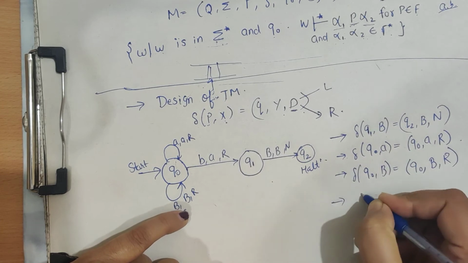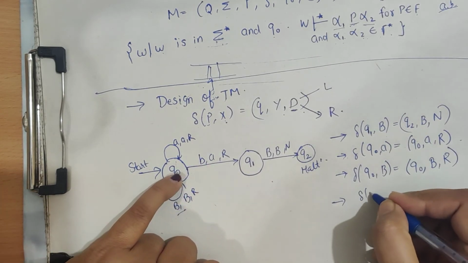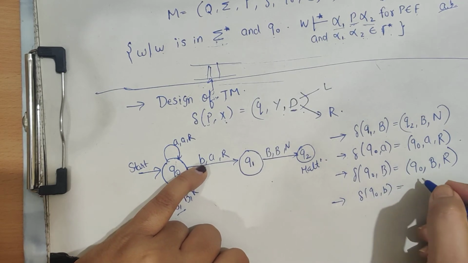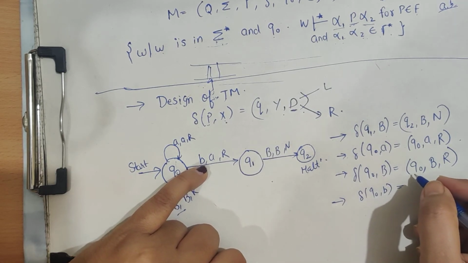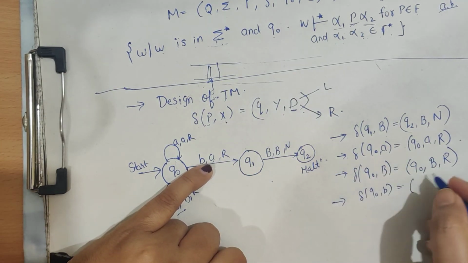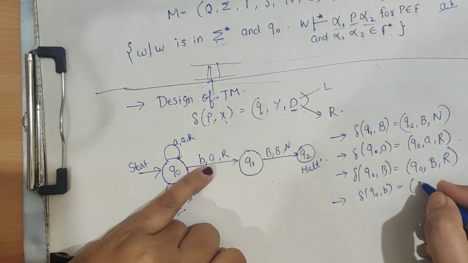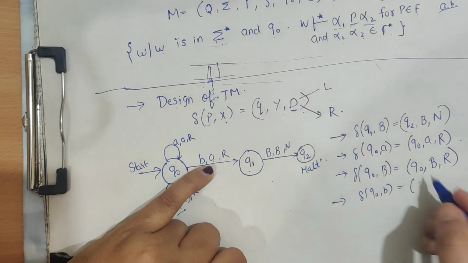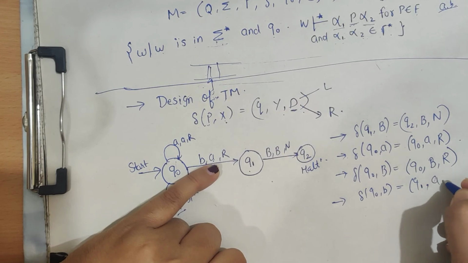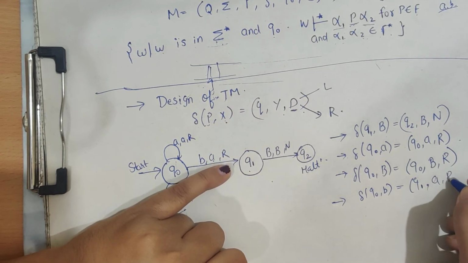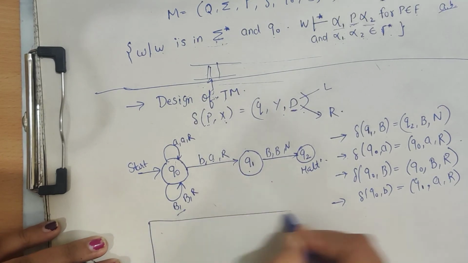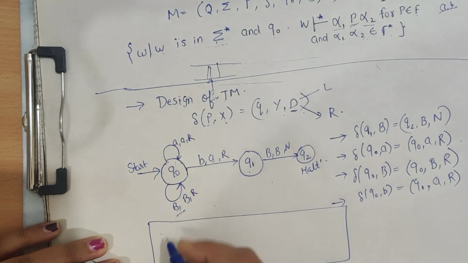Right direction. Then delta q0, on b, when the tape head, the read-write head, is on the b, we write it by a, that is we had modified it to a. We are going to state q1, so the modified symbol is a, converted into a, and we are moving towards the right direction. So now finally, let's see how to represent this in the transition table.